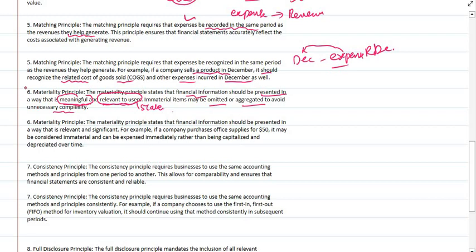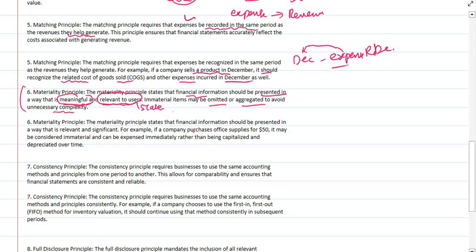According to this concept, you have to only present information which is significant and relevant to the user, omit or aggregate to avoid unnecessary complexity for the user, and information which is not relevant for the user you should omit. Okay, this is about the materiality concept.